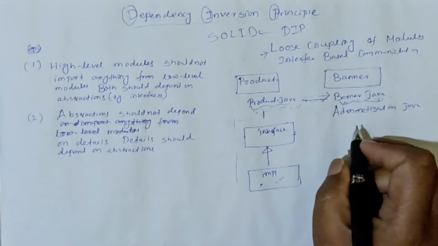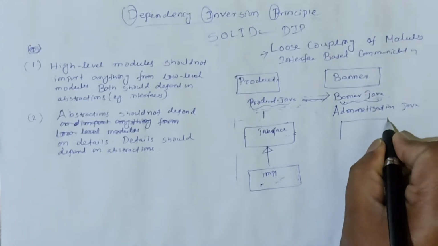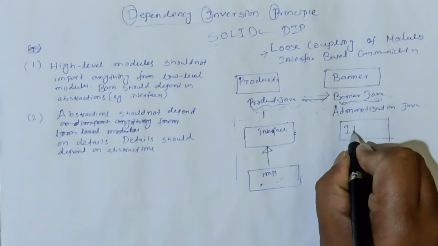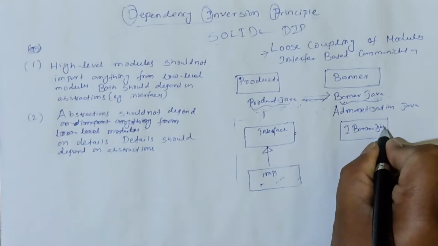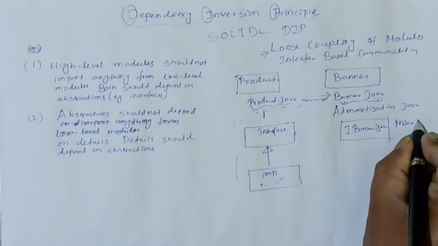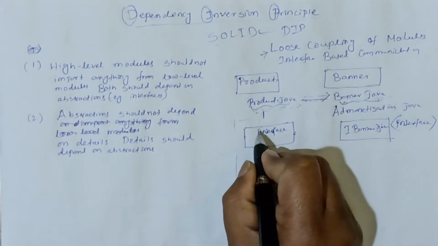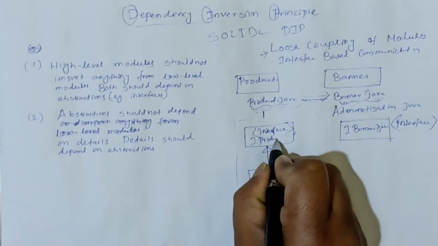Similarly, in the banner module also we will create one interface, let's say IBanner.java. It's an interface, no implementation. This is also an interface, and let's say this is IProduct.java.